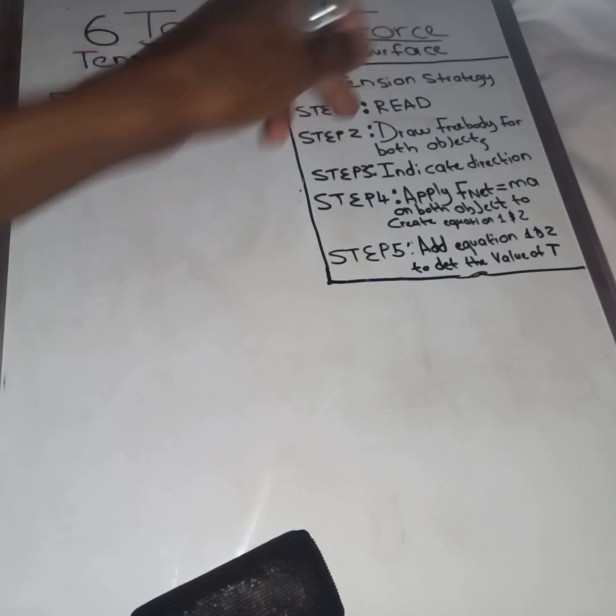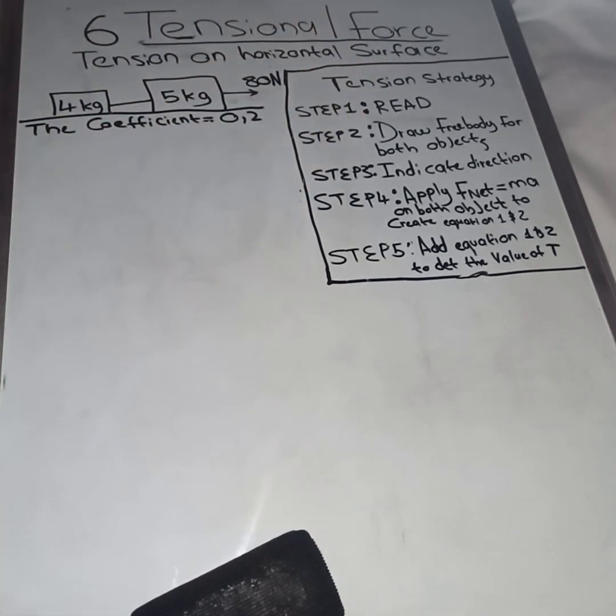So step number 1, we read. Step number 2, we have to draw a free body diagram for both objects.